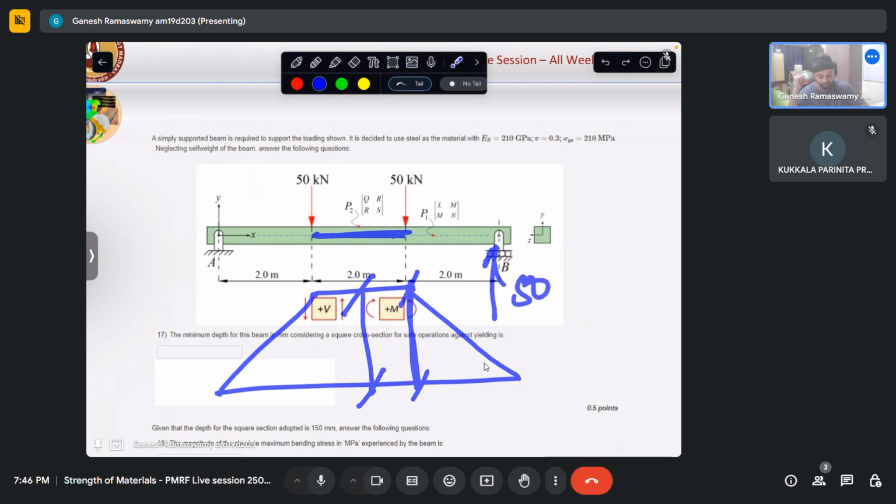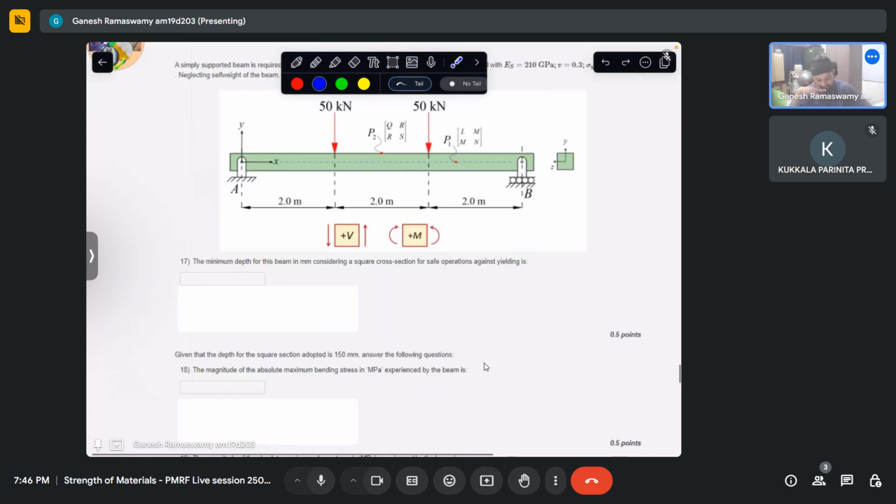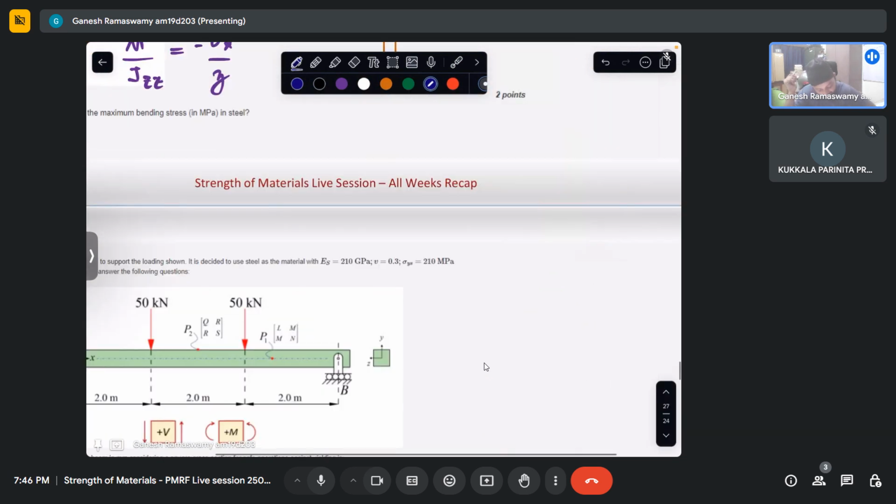So maximum bending moment is 100 kilonewton meter for this problem. That being said, if I have my maximum bending moment by Z, the section modulus of the square should be less than or equal to the permissible stress given, 210 MPa.